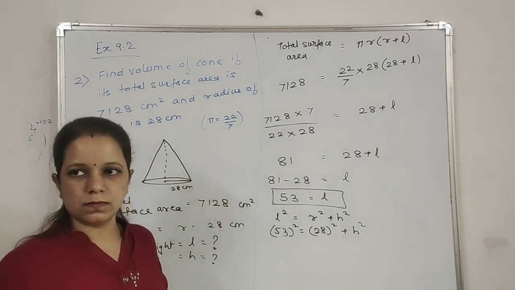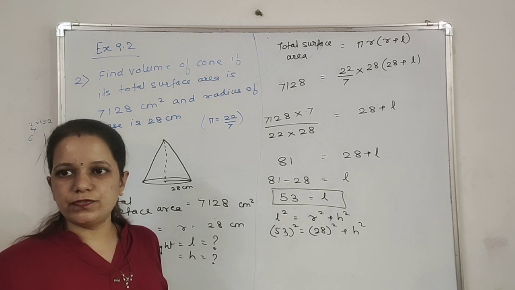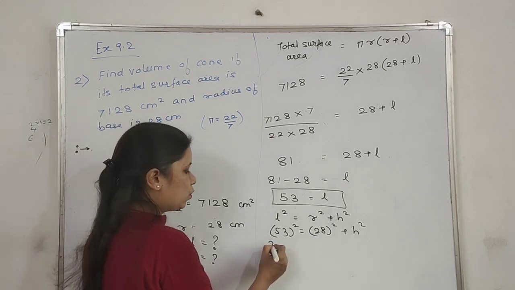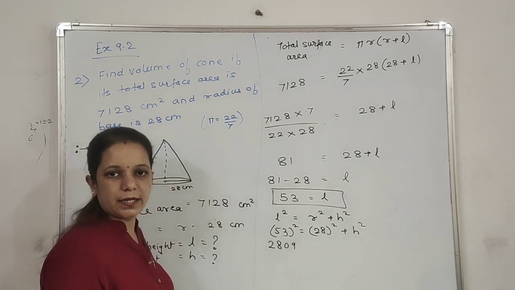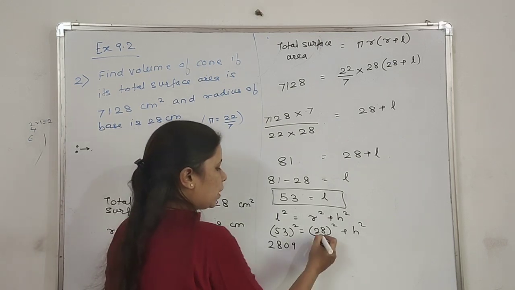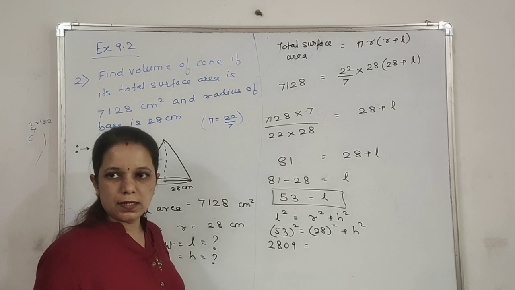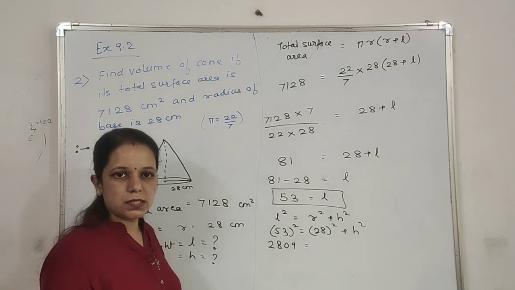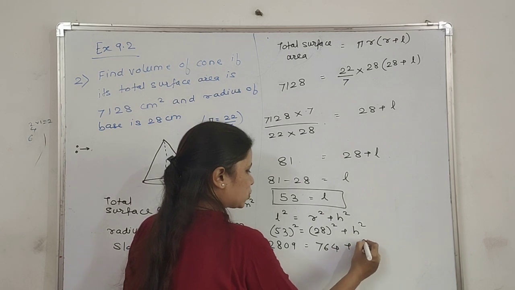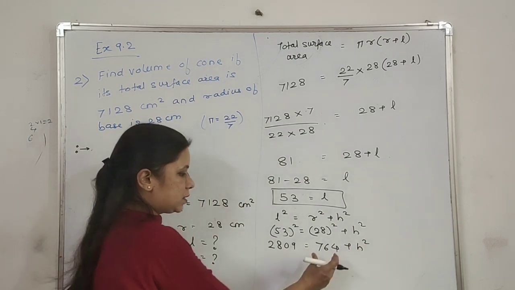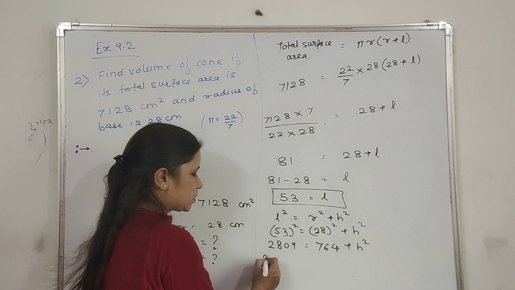Now 53 square is 2809. You'll need to calculate it, 53 into 53. 28 square is 784, plus H square. Now this 784 you will shift on this side.